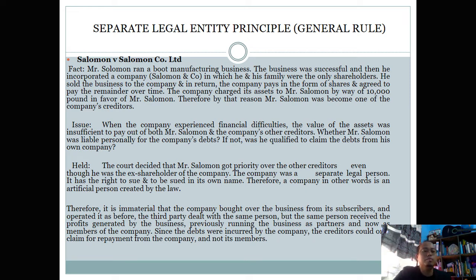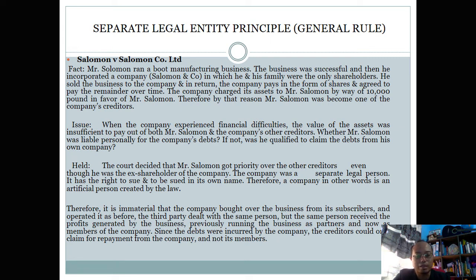And therefore, it is immaterial that the company bought over the business from its subscribers, and it is immaterial that Mr. Solomon has run the company as before.